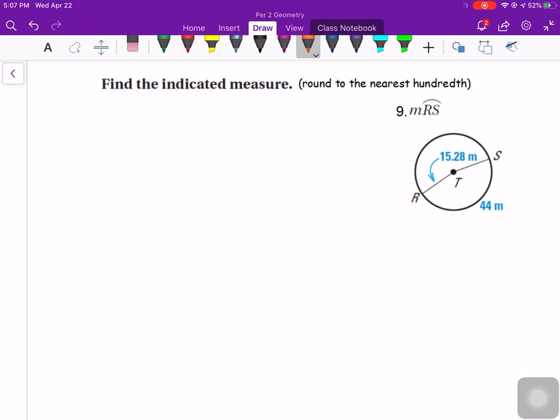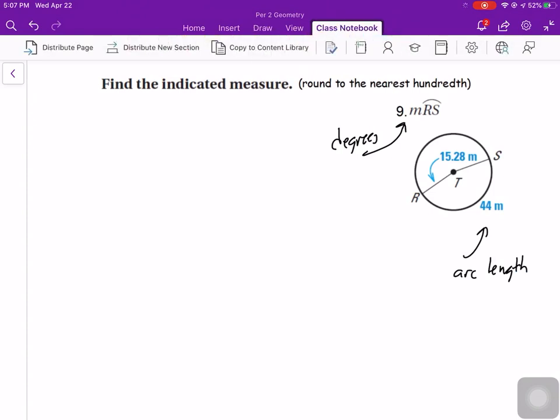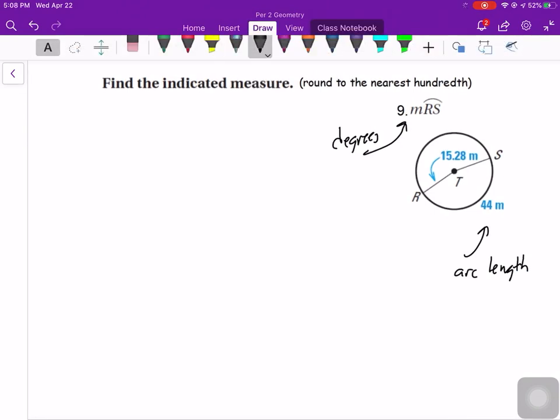In problem number 9, they're asking us for a measure of the arc. So they're asking us for the degrees. And they give us the arc length, and they give us the radius.